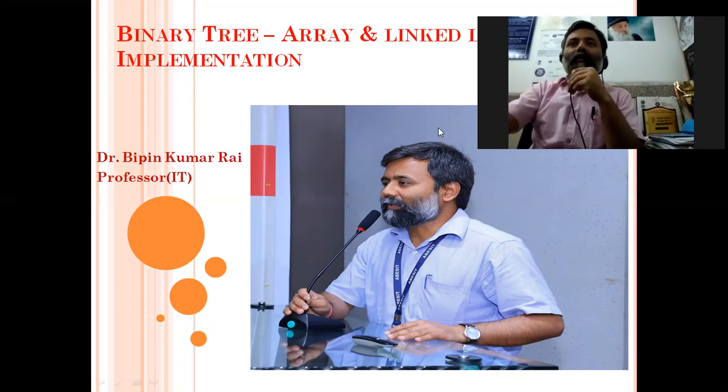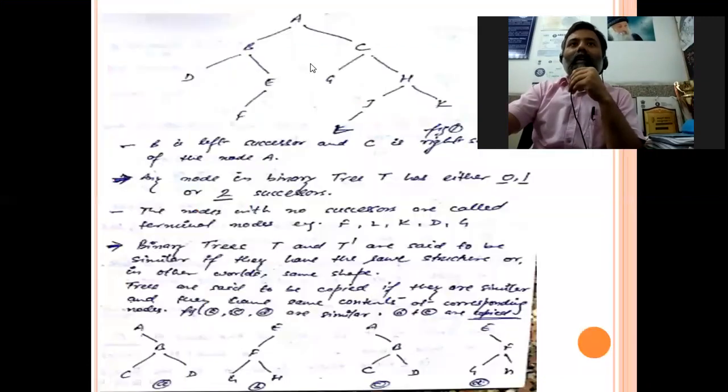Take this example, we can see here the nodes A, B, C, D, E, F, like this. One terminology is successor: we say left successor and right successor.